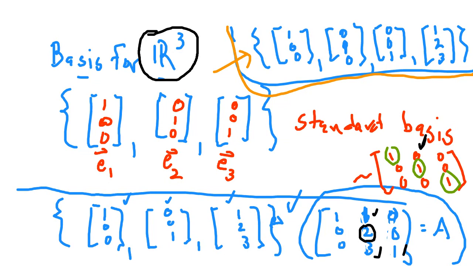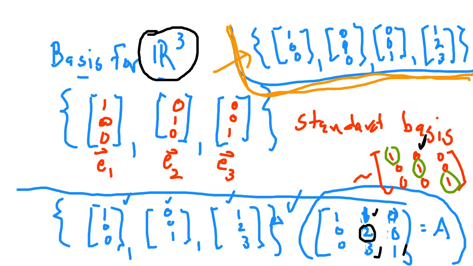If these four vectors here are linearly dependent, one of the vectors has to be a linear combination of the other vectors. Okay, good. The fourth vector is a linear combination of the first three vectors.